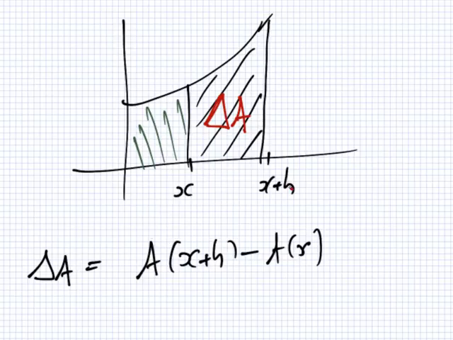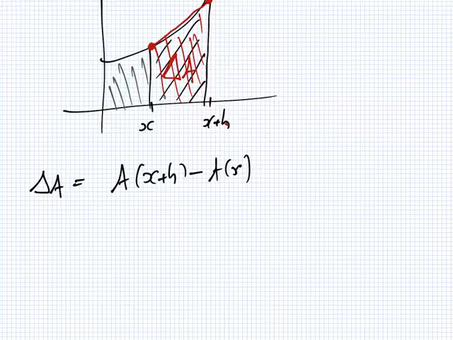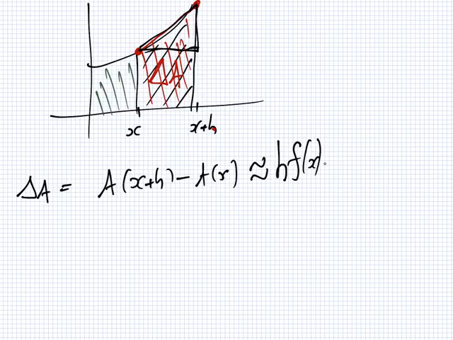If the h is really, really small, I can draw a line from here to here and make this shape. So what I can say is, this is roughly a rectangle plus a triangle. Yes, so that's h times f of x plus a half h times, what's in here?